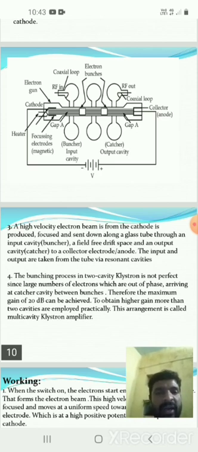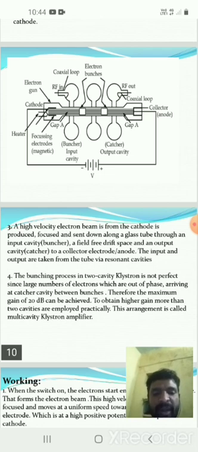So the electrons are generated by the cathode and collected by the anode, traveling via the glass vacuum tube with two or more buncher and catcher cavities.